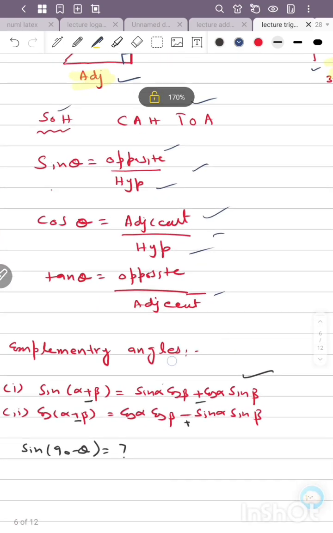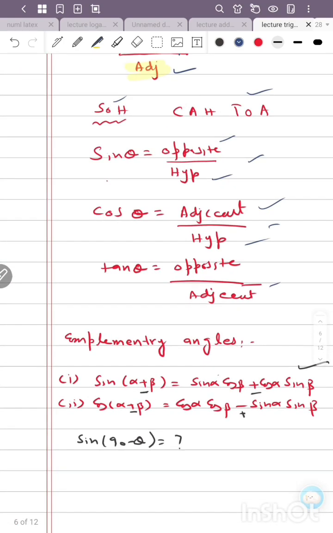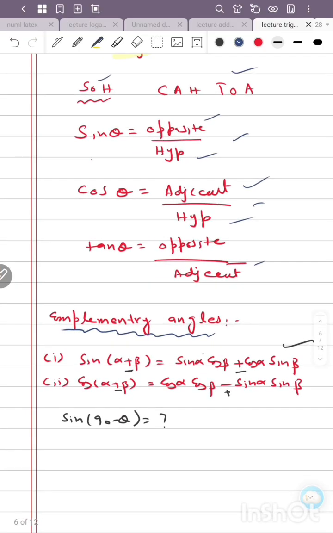After this, we have to discuss the complementary angles formulas to memorize. We have a formula: sine of alpha plus beta equals sine alpha cos beta plus cos alpha sine beta.